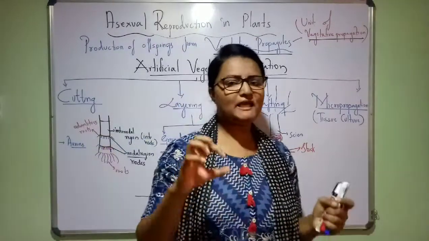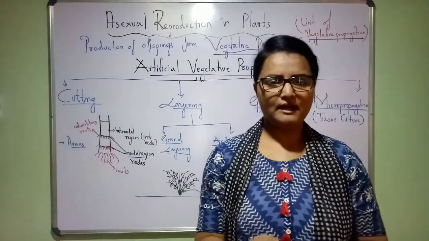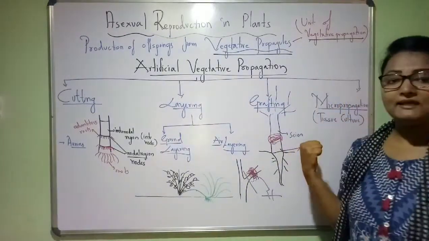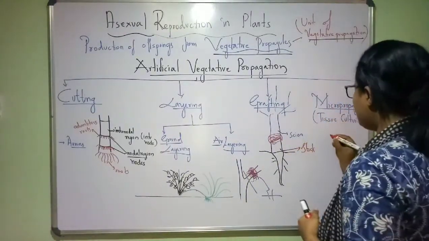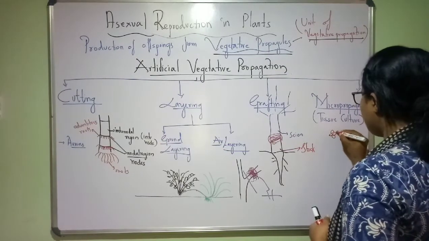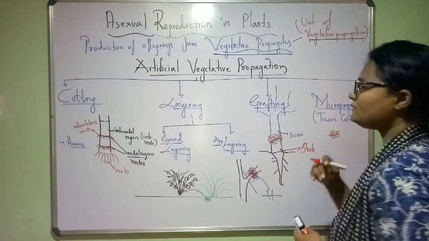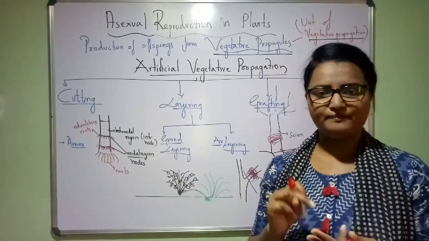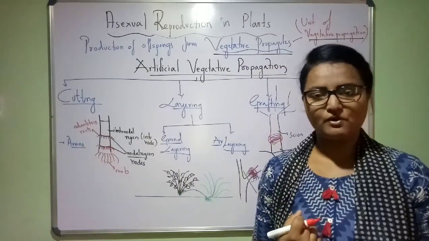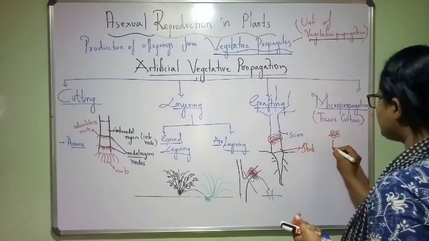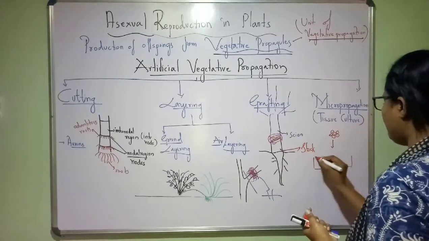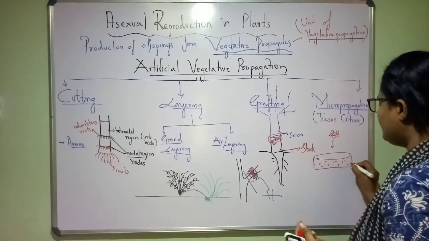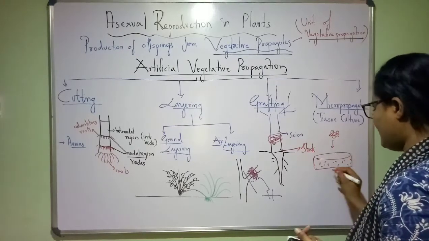And the last one is micropropagation. Although it is a kind of propagation, it is at a microscopic level. How? By culturing tissue. They take tissues or cells from roots, leaves, stem, any part of a plant. They collect the tissues or cells and grow them in an artificial medium containing culture.